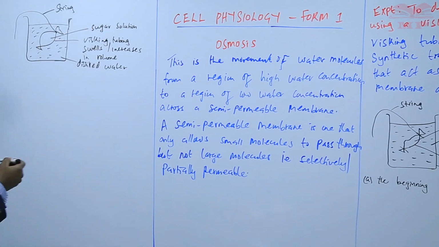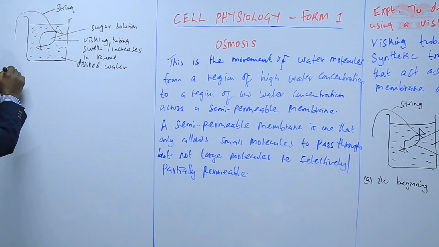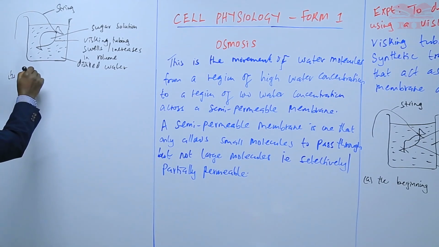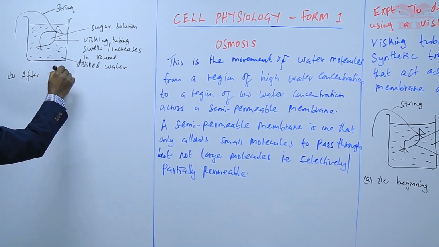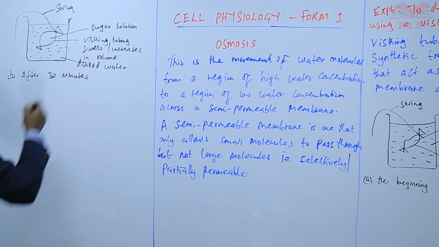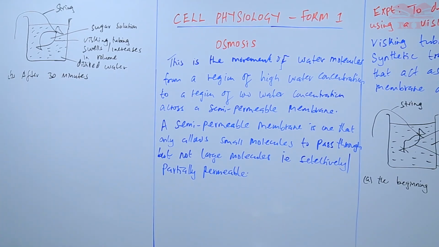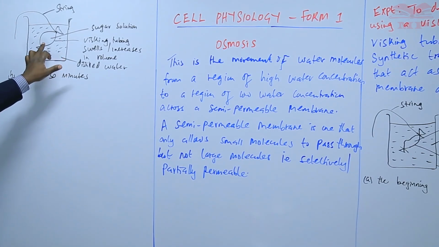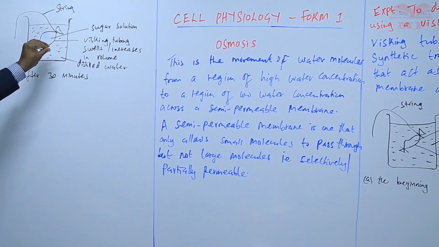So this is the observation that we make after 30 minutes. The whisking tubing swells, increases in volume. The distilled water is still outside, but the volume of the sugar solution increases. That's what is making the whisking tubing to swell.